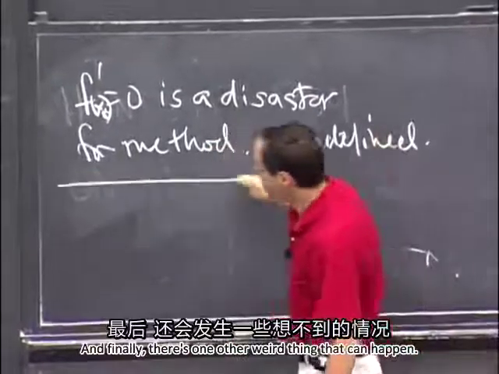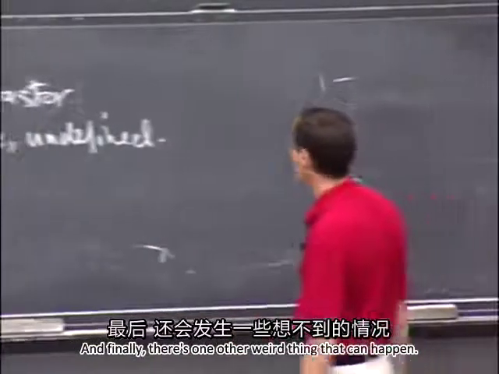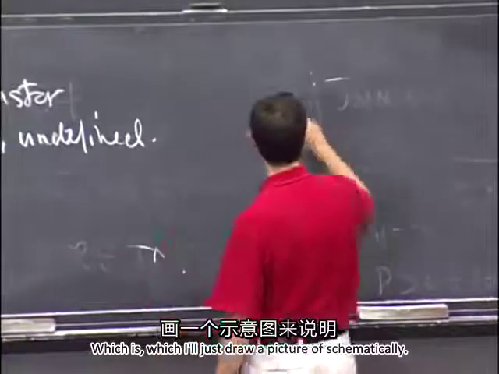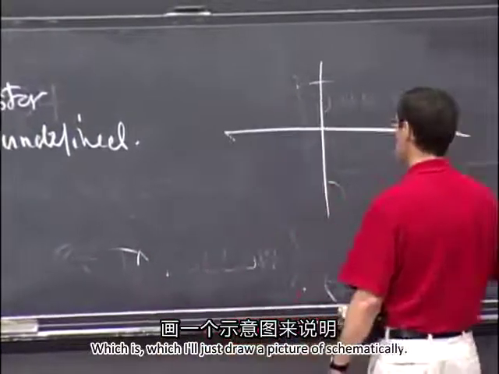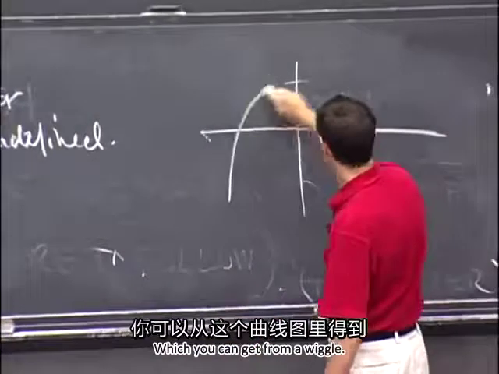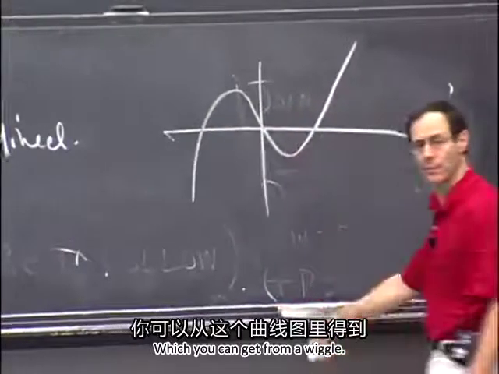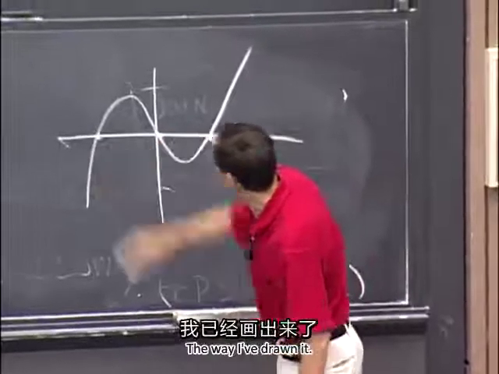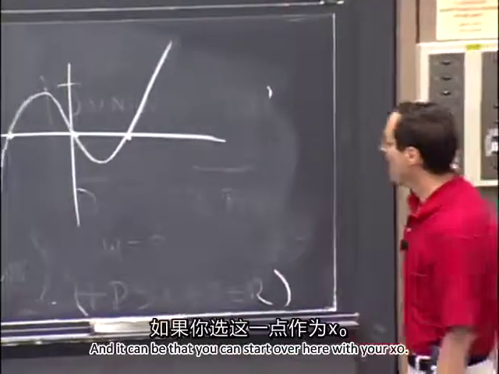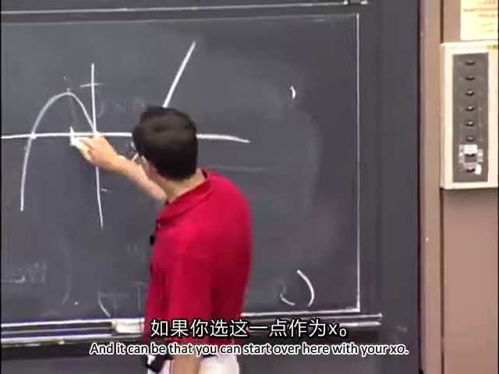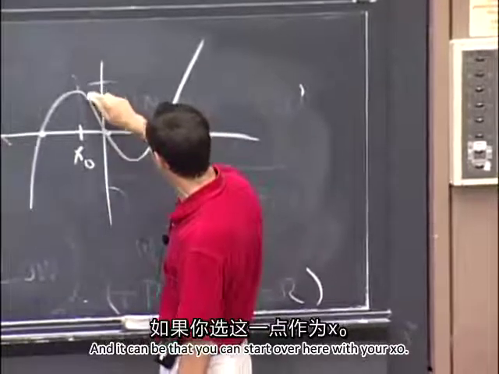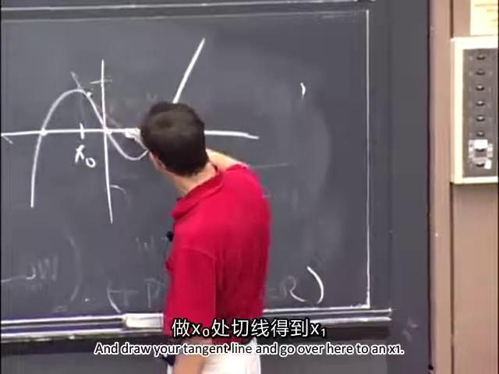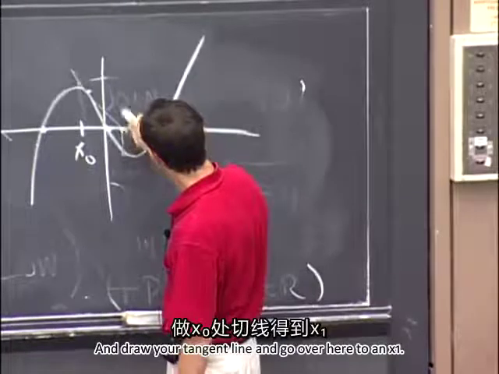And finally, there's one other weird thing that can happen, which I'll just draw a picture of schematically, which you can get from a wiggle. So this wiggle has 3 roots, the way I've drawn it. And it can be that you start over here with your x0 and draw your tangent line and go over here to an x1.